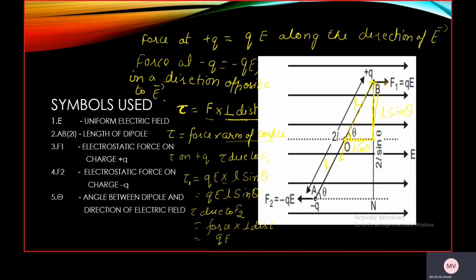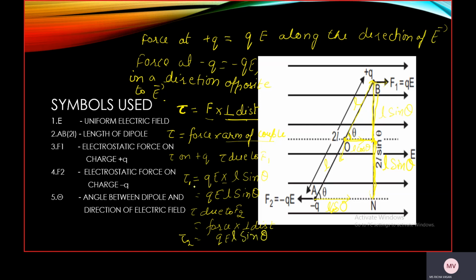So we again resolve this L into two components, one is L cos theta and the other one is L sin theta. We have to consider the perpendicular distance, so it will be this portion, L sin theta. Let us say this is torque 2. So torque 2 will be qE into L sin theta.